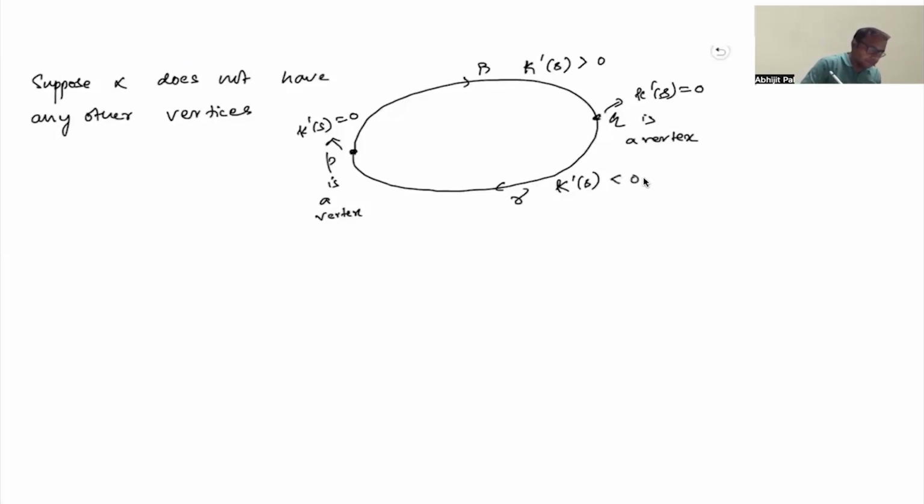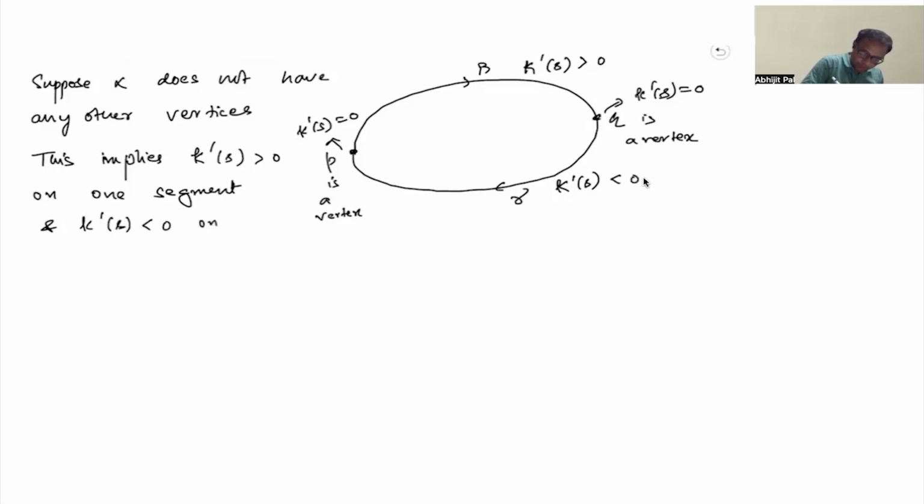So if alpha does not have any other vertices, this implies k prime s greater than 0 on one segment and k prime s is less than 0 on the other segment of alpha.